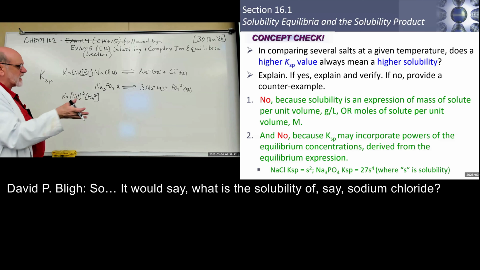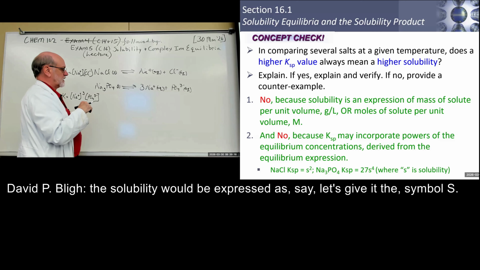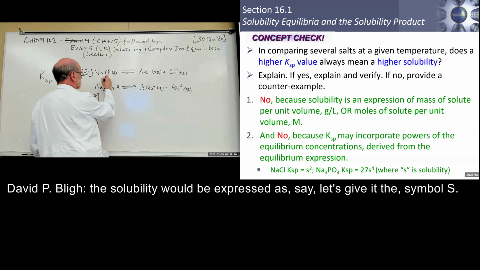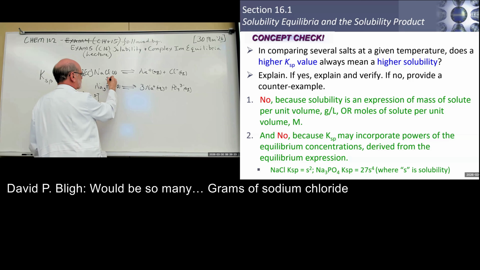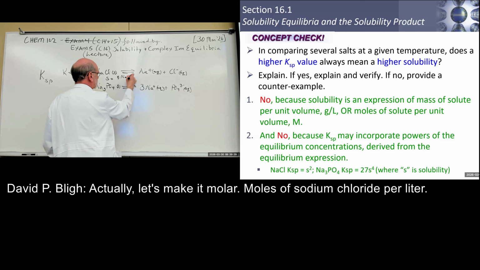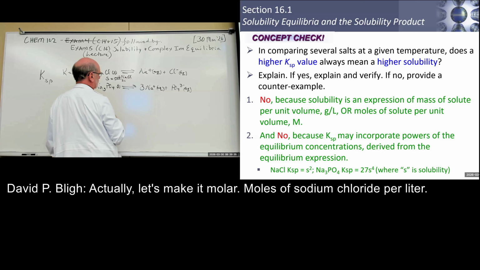So if we say, what is the solubility of, say, sodium chloride? The solubility would be expressed as, let's give it the symbol S, so many grams of sodium chloride. Actually, let's make it molar: moles of sodium chloride per liter.